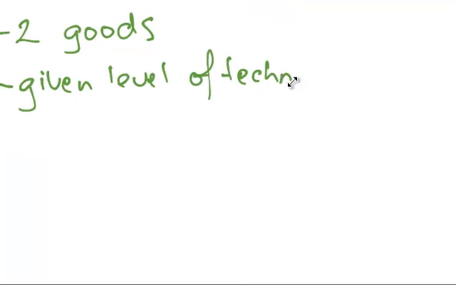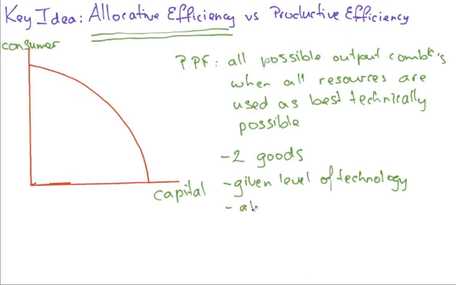and we also assume that all available resources can be used to produce either of the two goods. Although, as we saw with the law of diminishing returns, they don't necessarily produce either good in equal amounts. For instance, some resources might be better for making consumer goods, other resources are better for making capital goods.